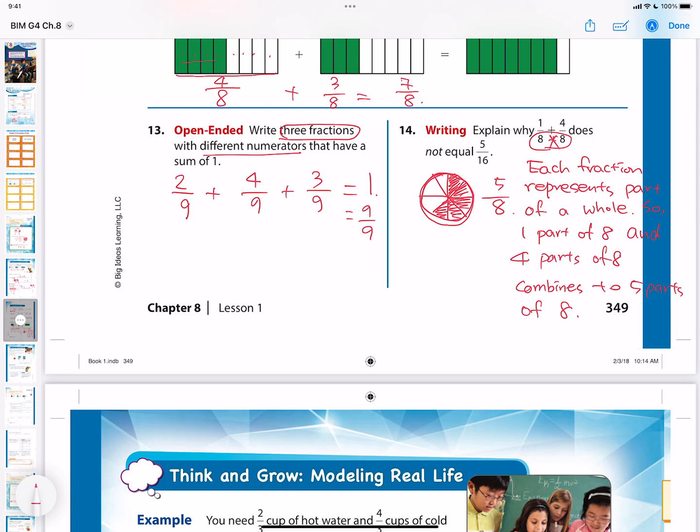So each fraction represents part of a whole. So 1 part out of 8 and 4 parts out of 8 combines together to be what? 5 parts of 8. It's not going to cut it into 16 pieces all of a sudden. All right, let's move on to our next page.